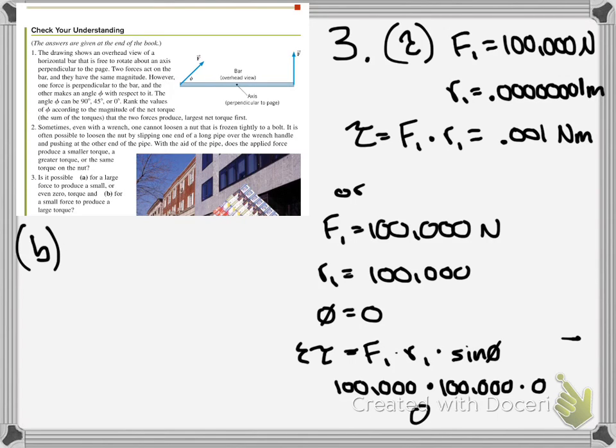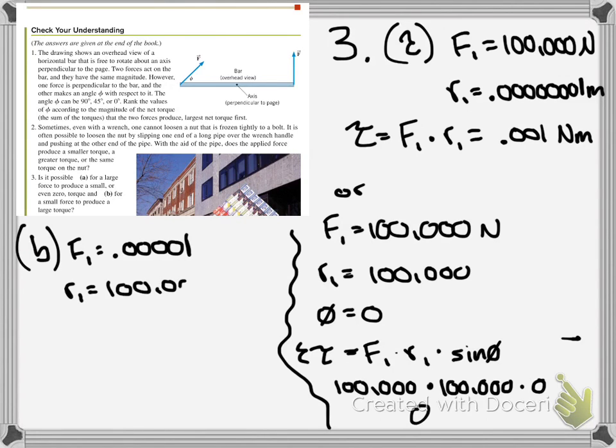Now part B asks, is it possible for a small force to produce a large torque? And the answer will come up shortly. Let's say that your F is 0.00001 newtons, but your radius is 100 million meters.